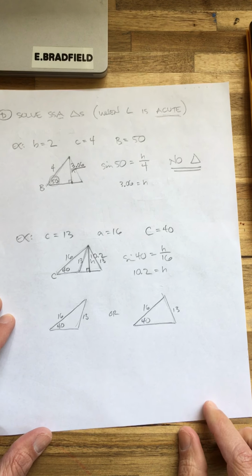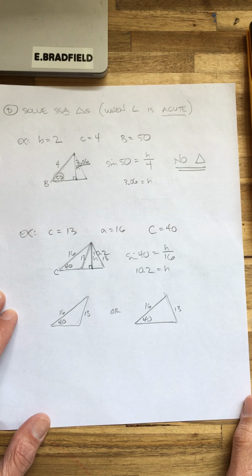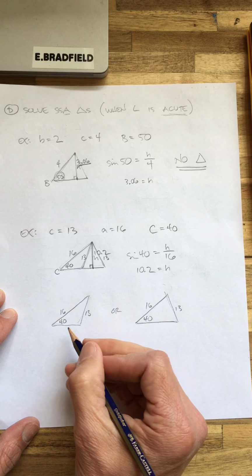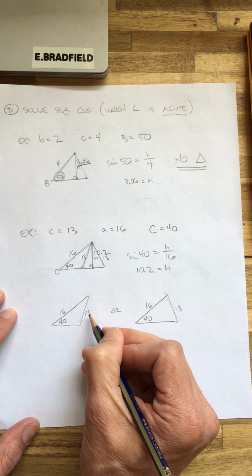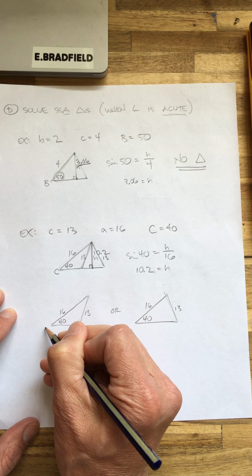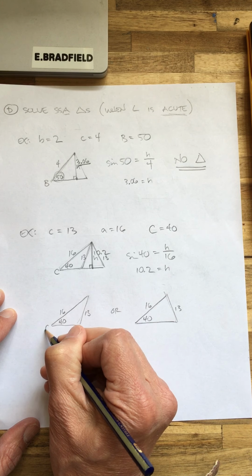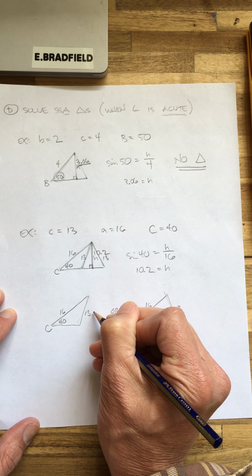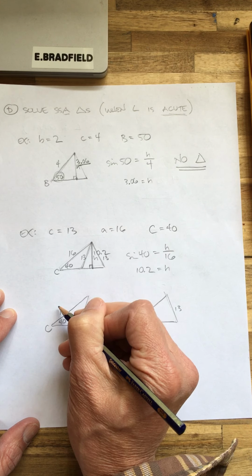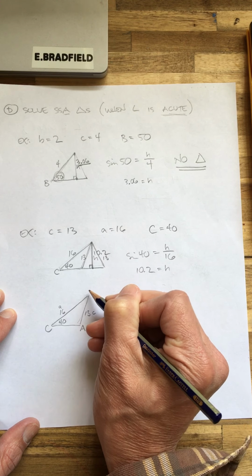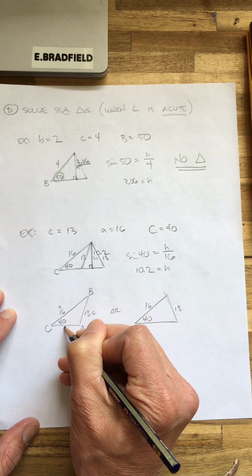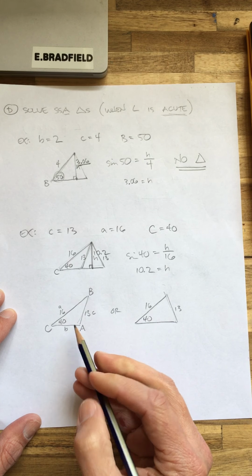So now what you have to do is solve both of these triangles, okay? So we know that the sine of 40 over 13, so here's my, what is this side, or angle C? So this is side C. This is side A, so this is angle A, and then this is angle B, and this is side B, okay? And now just set it up.